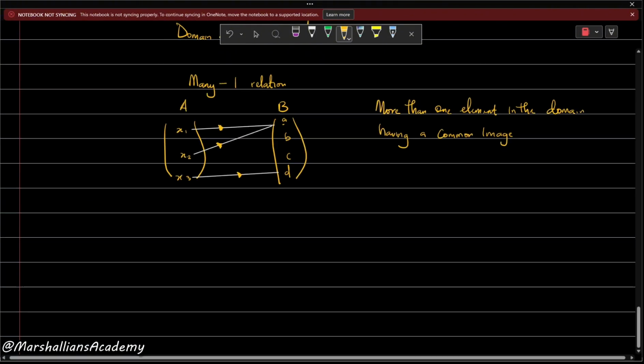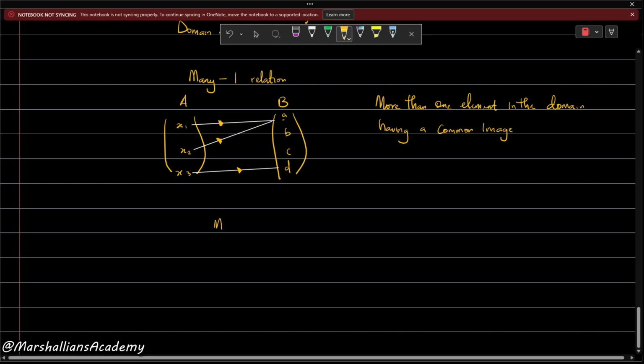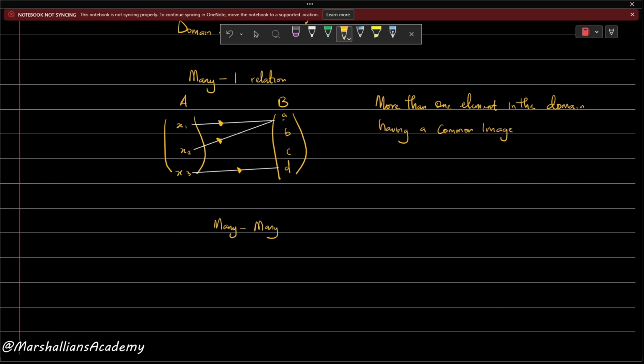And finally, we have the many-to-many relation, which is a mixture of the one-to-many and many-to-one. It means there is at least one image with more than one pre-image, and at least one pre-image with more than one image. Does it make sense? It's like a fusion of many-to-one and one-to-many.